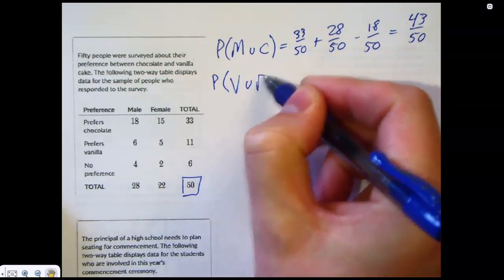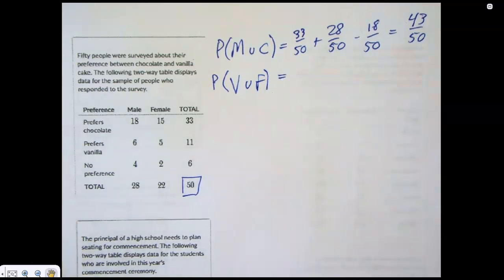Vanilla or female. You guys try that. So yes, the formula will be given to you. You don't have to memorize it, but hopefully you understand what's going on, like why you're trying to figure that out a little bit.